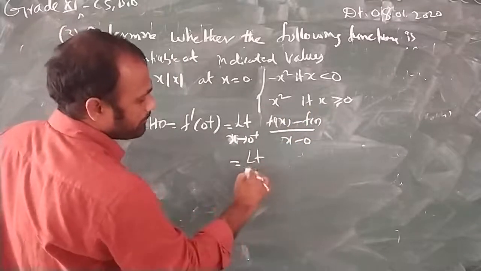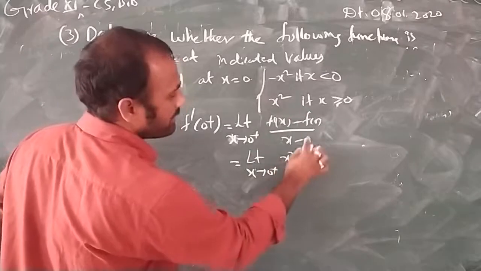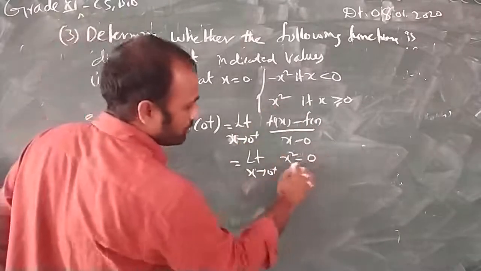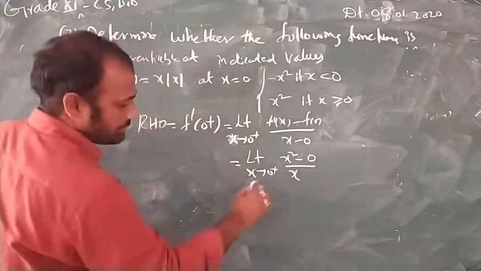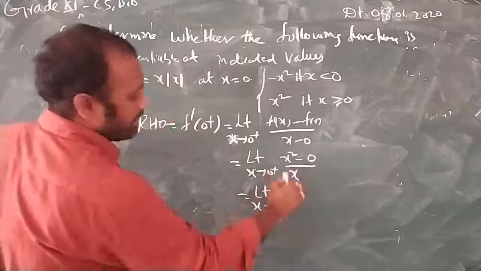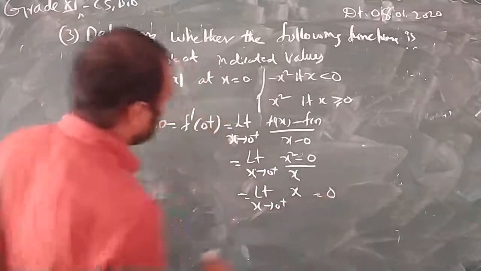So limit x tends to 0 plus of x square minus 0 square, which is 0, divided by x. That is x square by x, which is x. If I substitute 0, the value is 0.